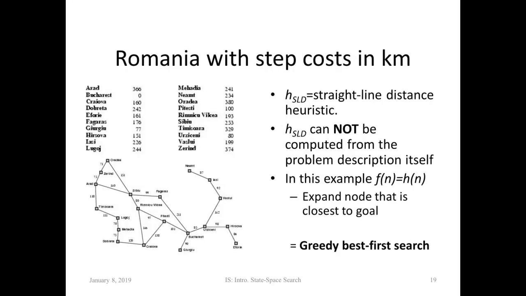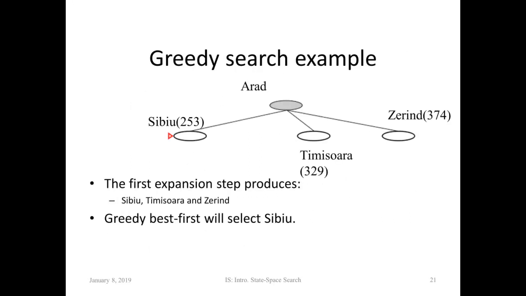In this drawing, which you can look up later, there is the option of going to Zerind, Sibiu, and Timișoara. So basically, this is what we're now going to explore, namely the distances that we have from Sibiu to Bucharest, from Timișoara to Bucharest, and from Zerind to Bucharest.